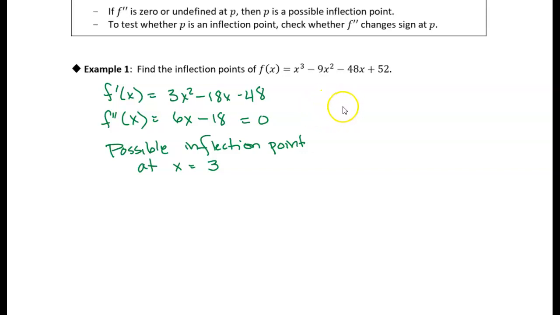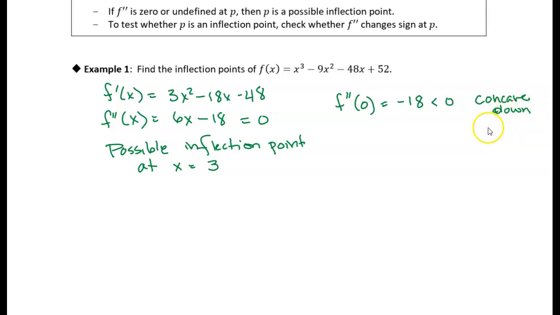And so what we can do is look at the second derivative at 0, because that's to the left of 3, right? And that's an easy point to plug into the equation, because if I plug in 0 into the second derivative, I get 6 times 0, which is 0, and then minus 18. So the second derivative at 0 is less than 0, which means that the function is concave down.